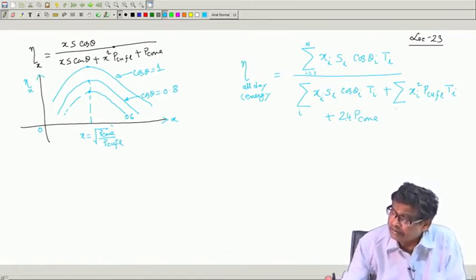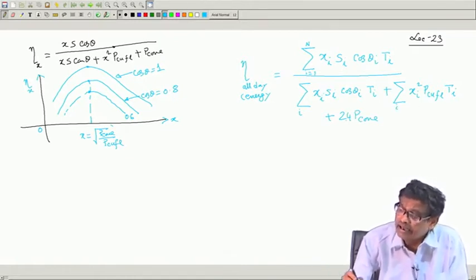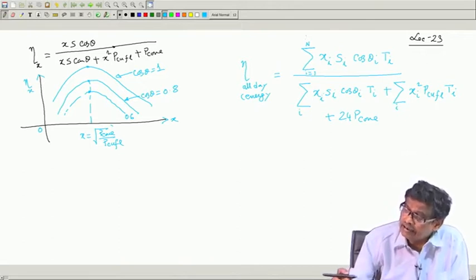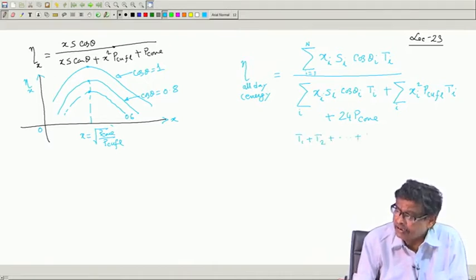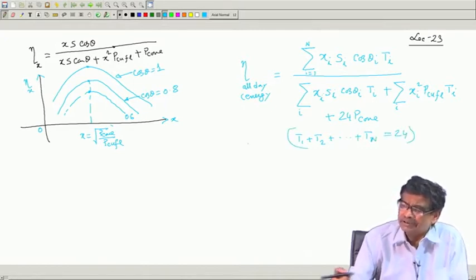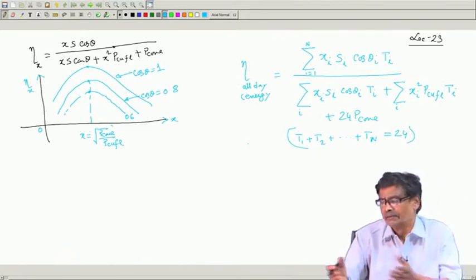This is summed over some n intervals such that T 1 plus T 2 plus dot dot dot plus T n is equal to 24. Anyway, this complicated expression can be written in a compact form.